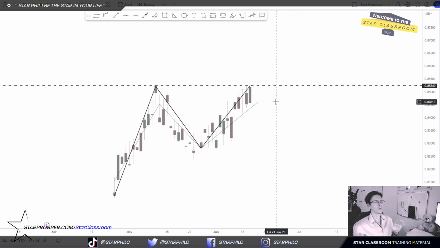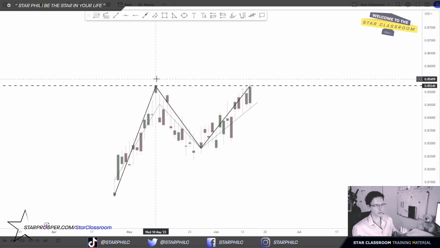And one important thing to remember here is the body of the candle, as I just mentioned, the body of the candle must close above the wick of this candle right here. So as price action pushes up, the body of the candle does not close above the wick of this candle. So this is just a retest.